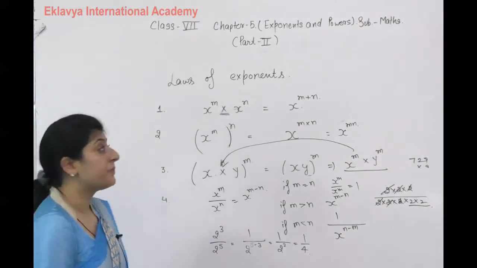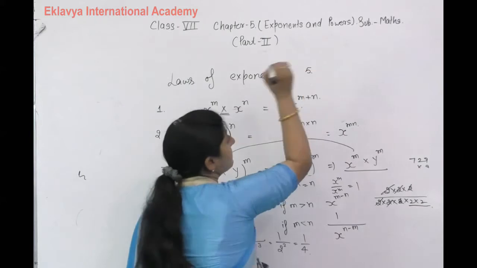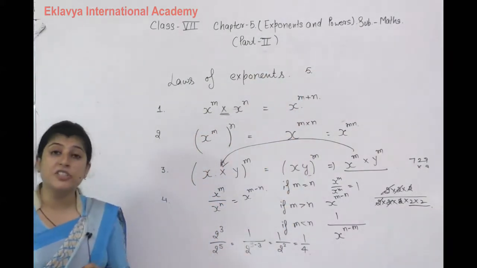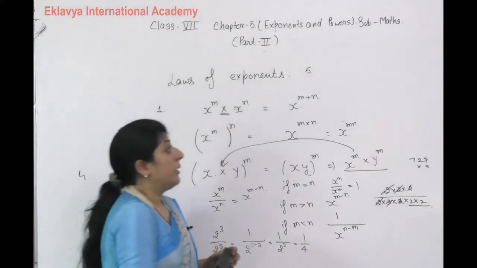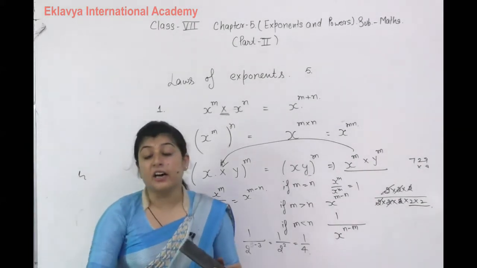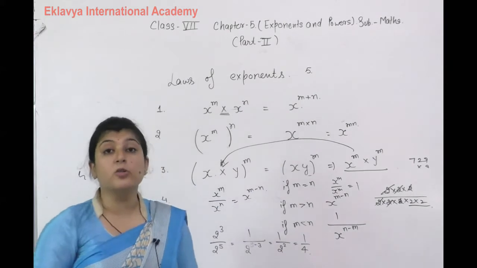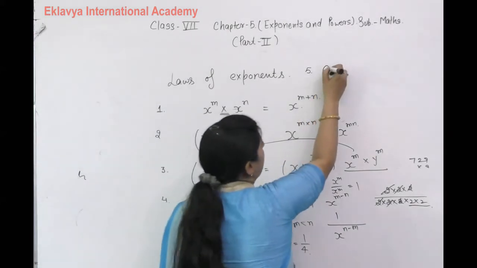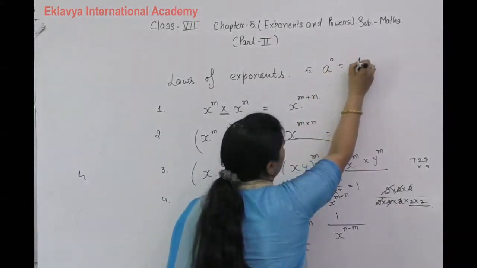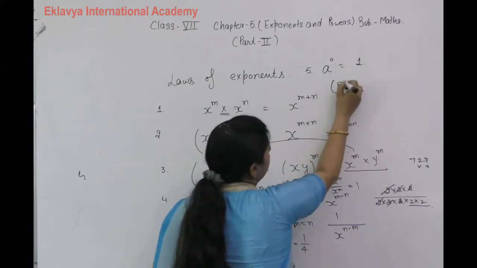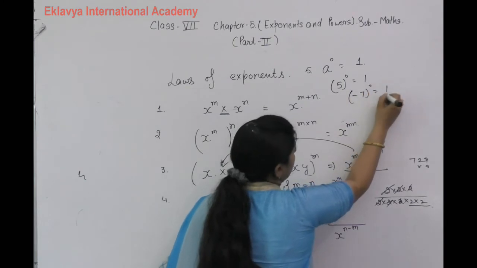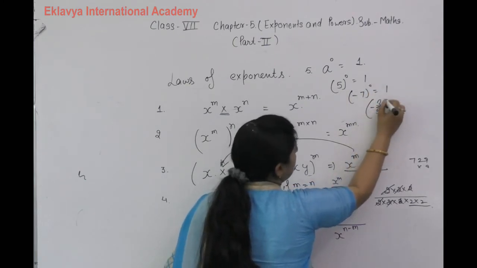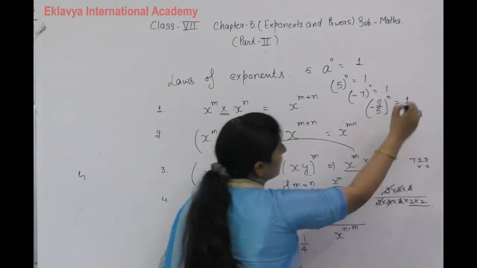One more, the fifth one. Any power 0 is always equal to 1, but the base should not be equal to 0. Suppose 5 power 0 is equal to 1, minus 7 power 0 is equal to 1, (minus 3 by 5) power 0 is equal to 1.